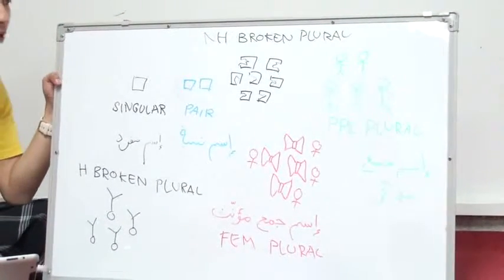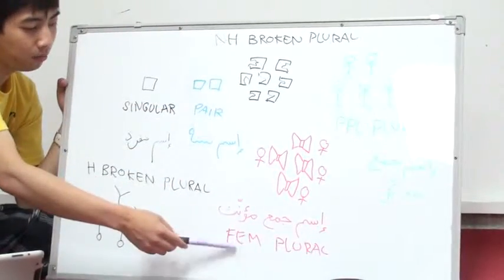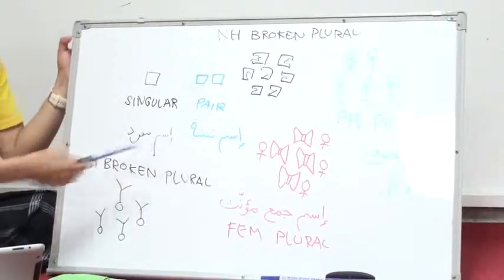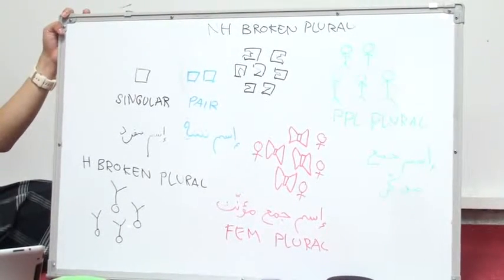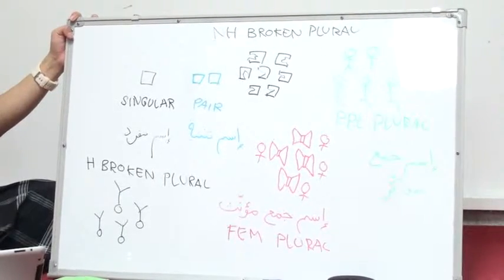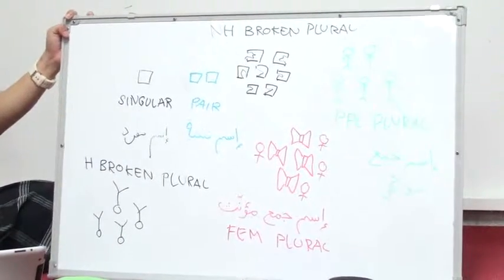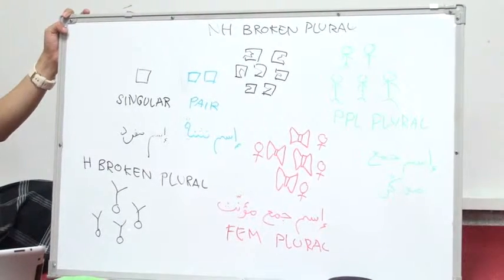And the rest of them, people plural, feminine plural, and pair, we can tell because of their ending combinations.